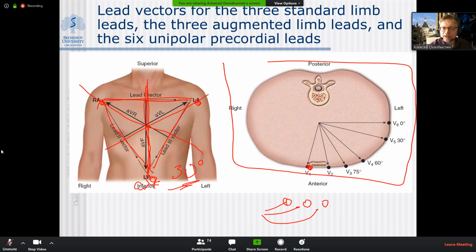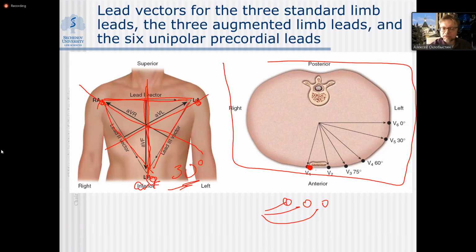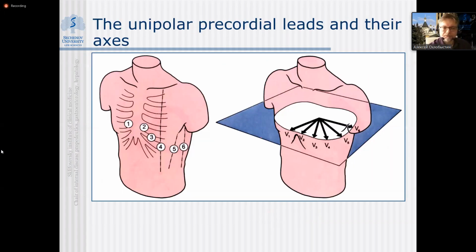Electrodes will be located on the surface of the chest, in the fourth interspace for the first and second chest leads, for the fourth, fifth, and sixth in the fifth interspace, and in between the fourth and the fifth, on the fifth rib, there will be the placement of the third chest electrode. This is how it will go.